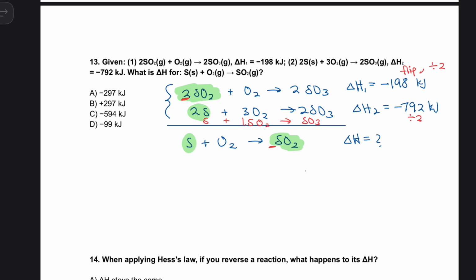So I know everything I need to do now. Delta H will be all of the delta H's summed together. For delta H1, I flip the equation, so that means I have to add a negative sign in front.